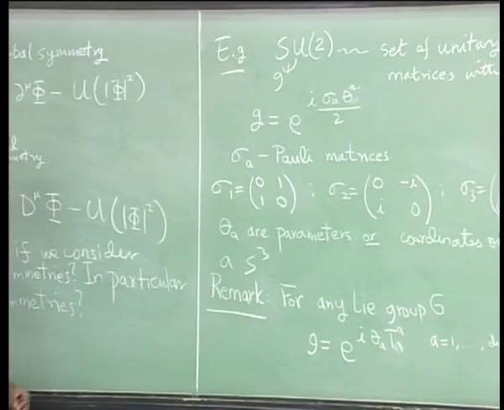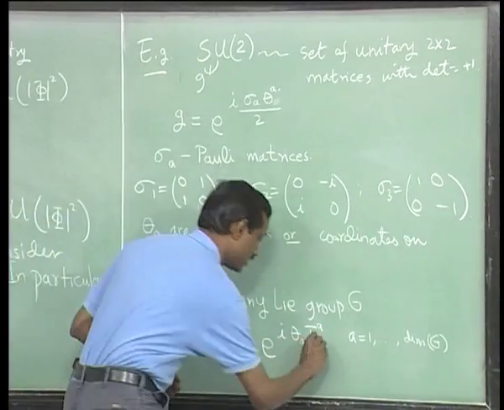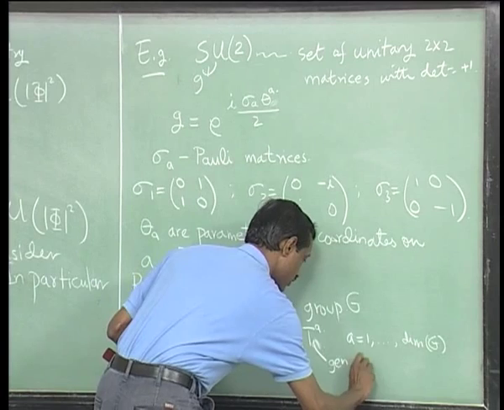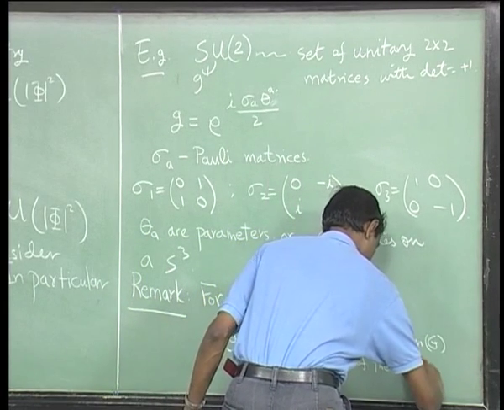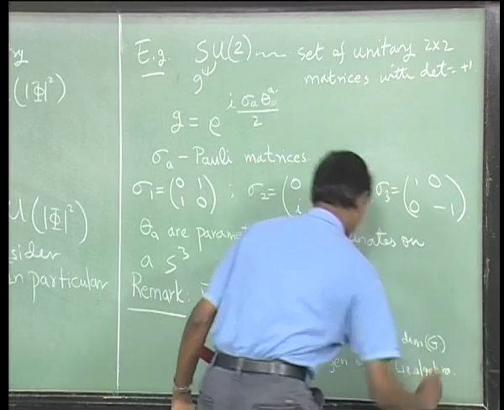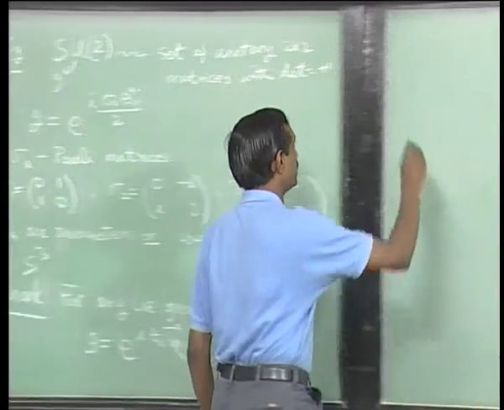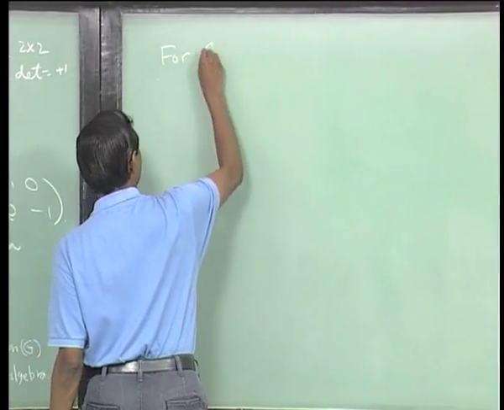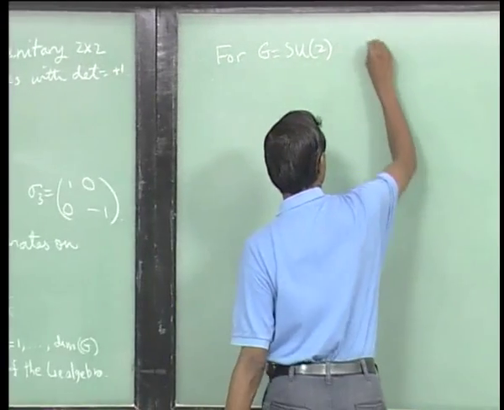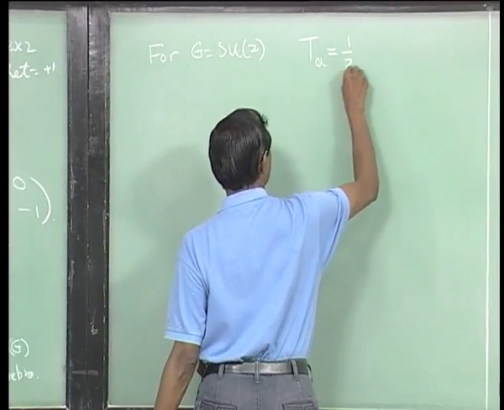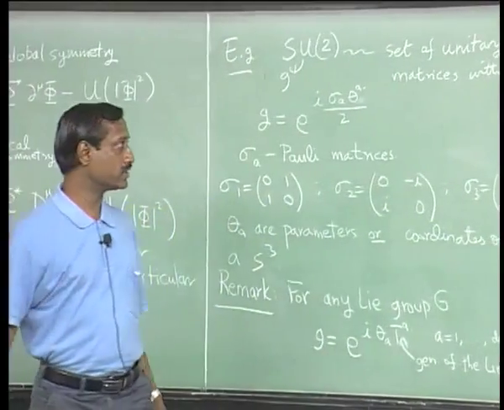And one more thing we saw is the Lie algebra. These are the T^A's, and the T^A's are generators of the Lie algebra. So, coming back and looking at this, we can see that for SU(2), the T^A that we have chosen here is half sigma A. The half is part of the normalization.